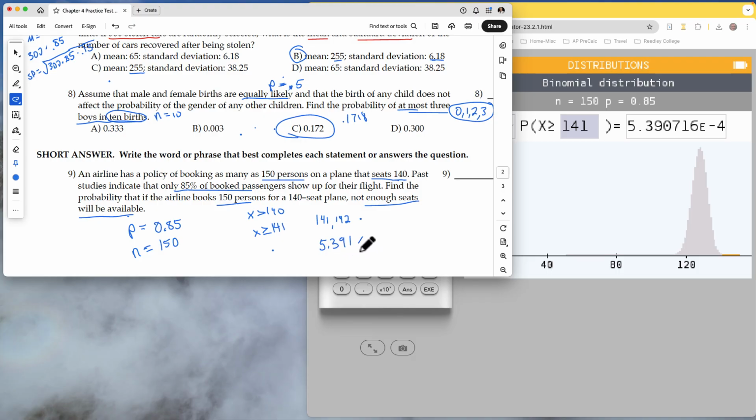5.391, if we want to round that, times 10. This e to the negative 4 means an exponent of negative 4. That's scientific notation. Since it's a negative exponent, that means a power of 10, you're going to move the decimal back, sort of like dividing by 10. 1, 2, 3, 4.